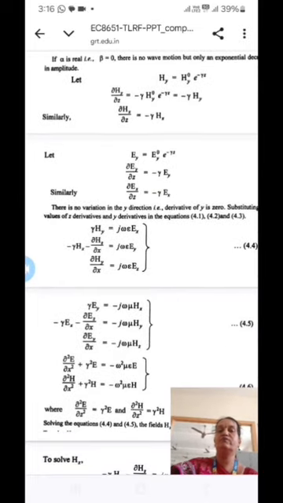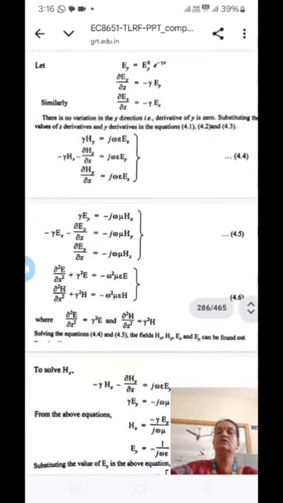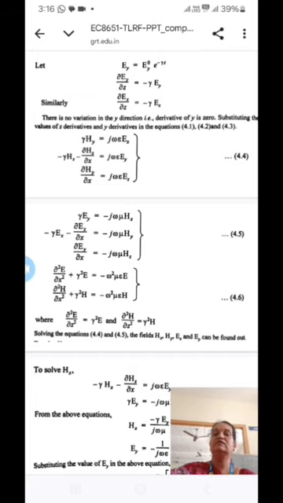We get 4.4 and 4.5. 4.4 is in terms of H and 4.5 is in terms of E. The whole thing can be written as ∂²E/∂x² plus ∂²E/∂y², which is 0, and ∂²E/∂z² becomes γ²E. Substituting all these, we get another set of equations, 4.6, where ∂²E/∂x² equals γ²E, and ∂²H/∂x² equals γ²H.